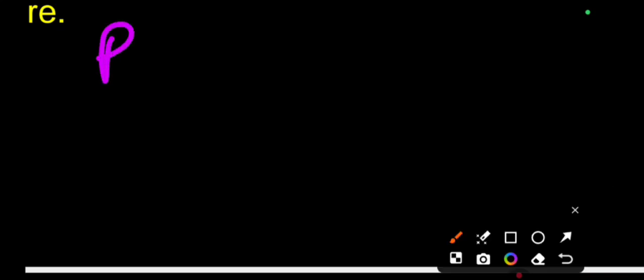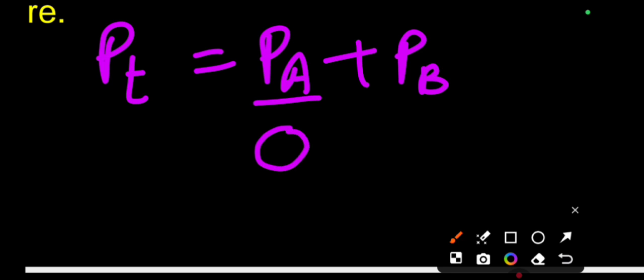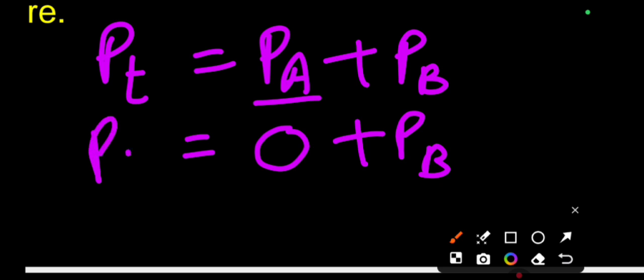If you want to calculate the total pressure, then it must be equal to the partial pressure of A plus the partial pressure of B. But if you have taken A, the solute, as non-volatile, it will not exert pressure, then its value will be 0, plus PB is equal to P total.